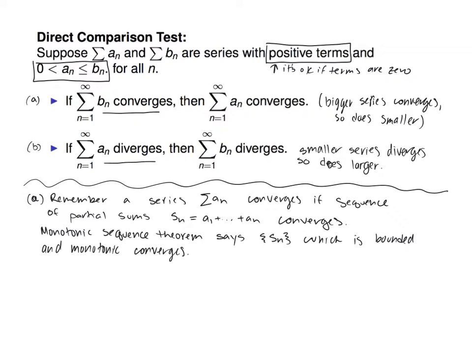Do you remember what monotonic meant? In this case, we're going to be monotonic increasing, either going up or staying the same, okay? So let's do bounded.